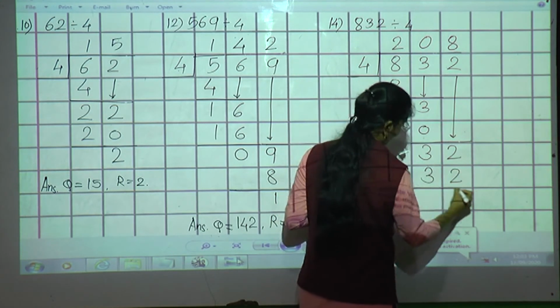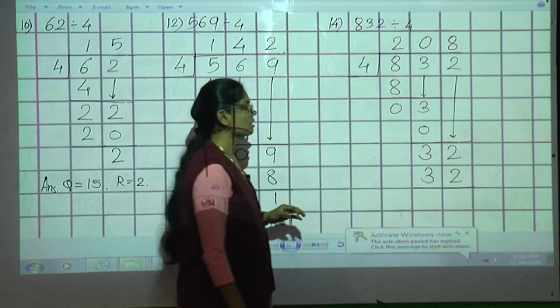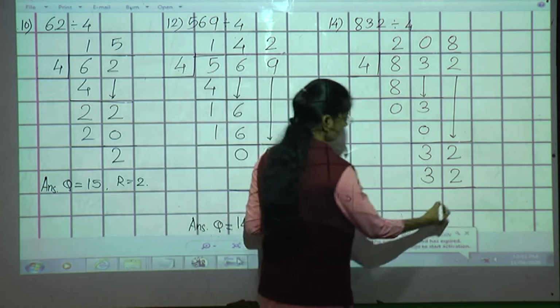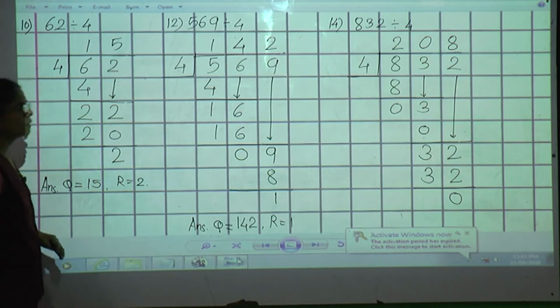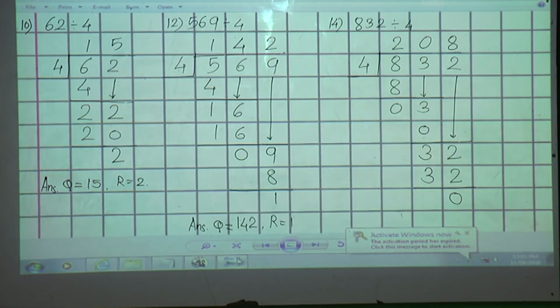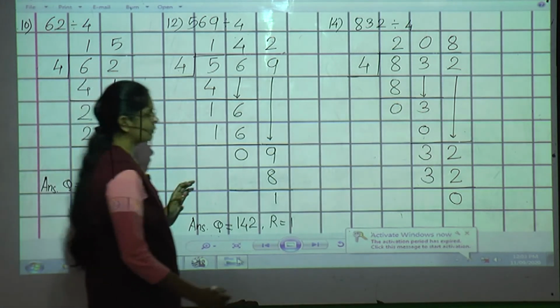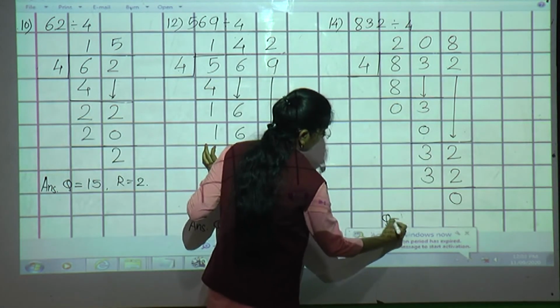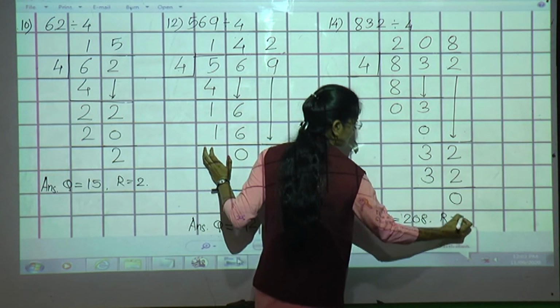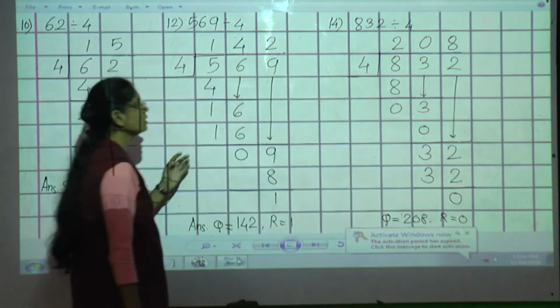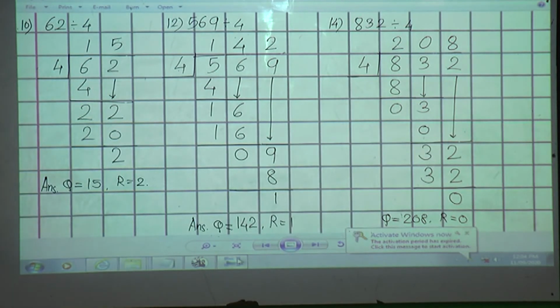Now 32 minus 32, 0. So in this case, what is the remainder? Remainder is 0. Clear? So finally you have to write the answer, that is Q is equal to 208 and R is equal to 0. In this way you have to solve this example.